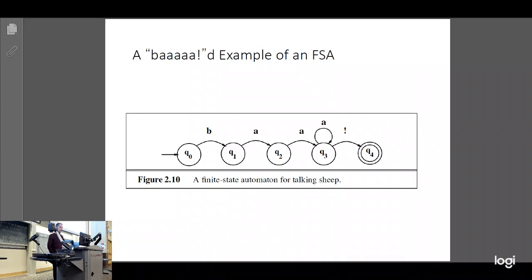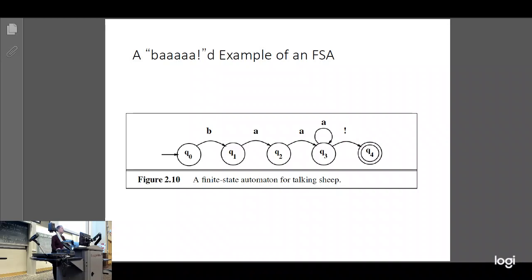They say ba. And we want a finite state automaton that will recognize just valid utterances in sheep language. You know, it could be a long ba, ba. It could be a short ba. It can't be too short, though. We want to recognize all of those. And so we have this FSA.